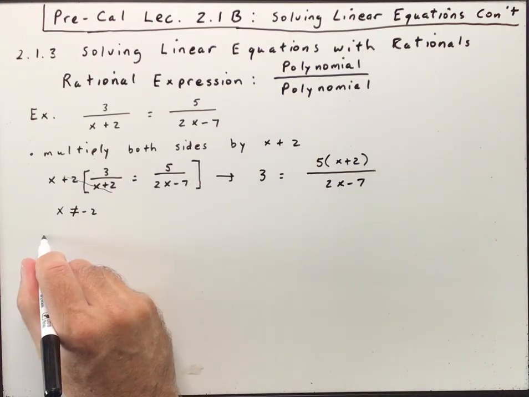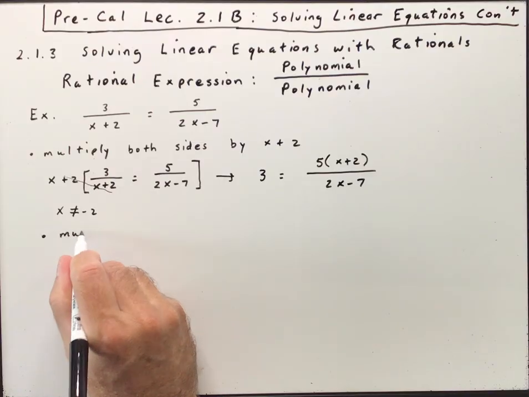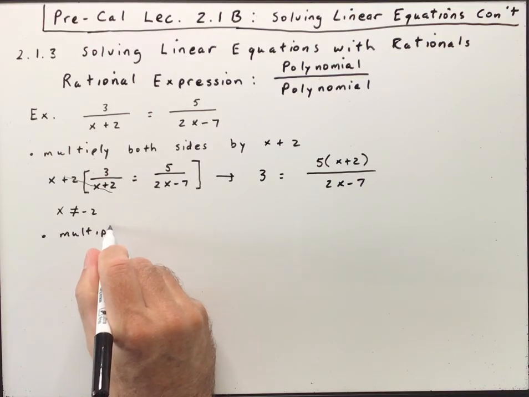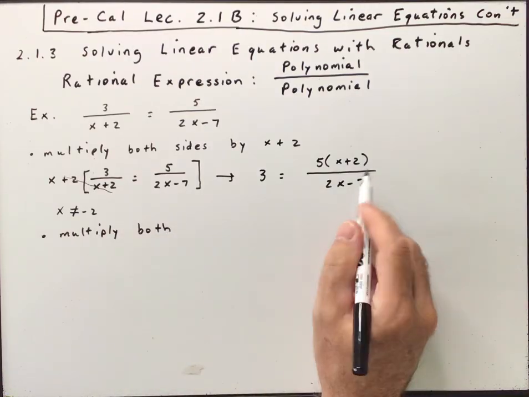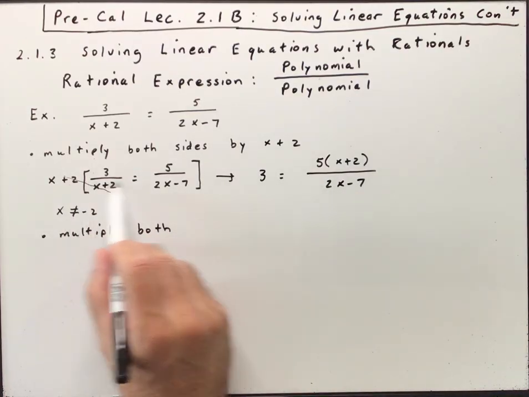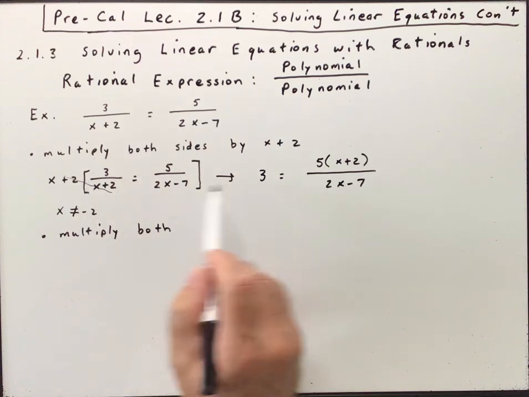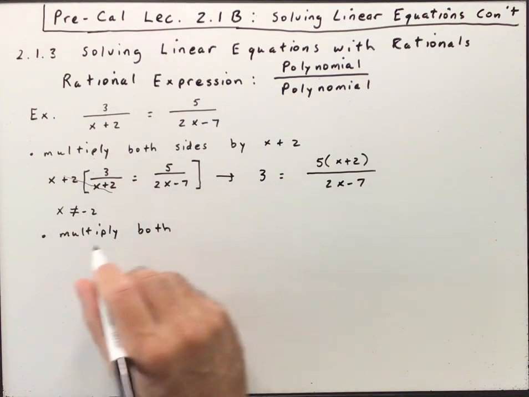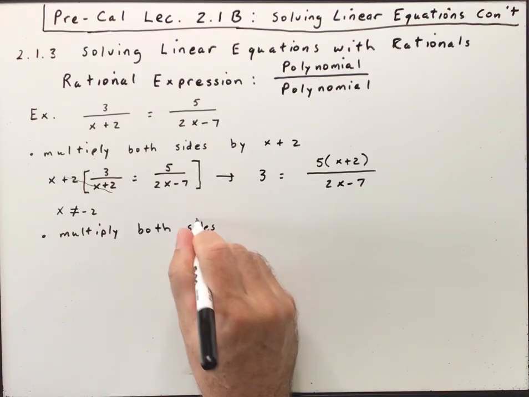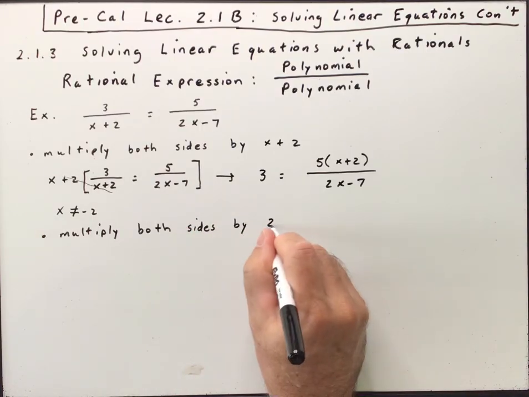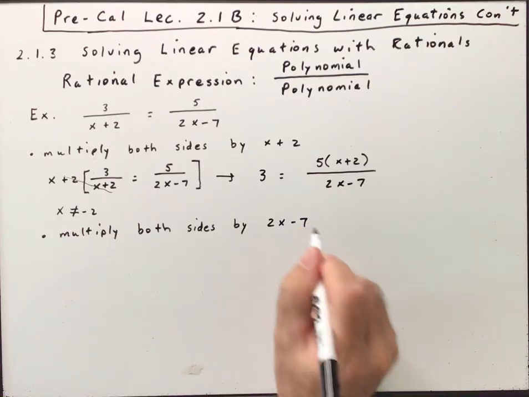So next, let's multiply both sides. So we have this new equation, but it's equivalent to the old equation because we multiplied both sides by the same value. So let's multiply both sides by 2x minus 7.